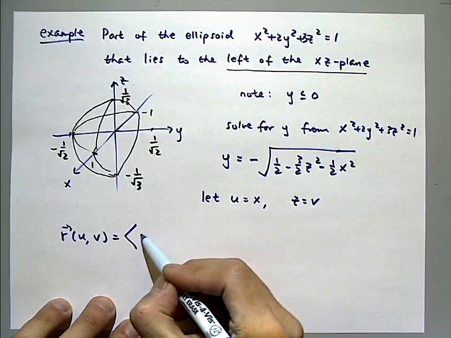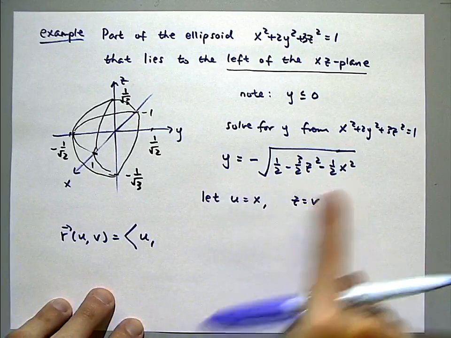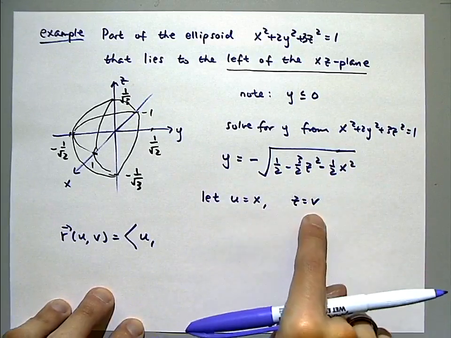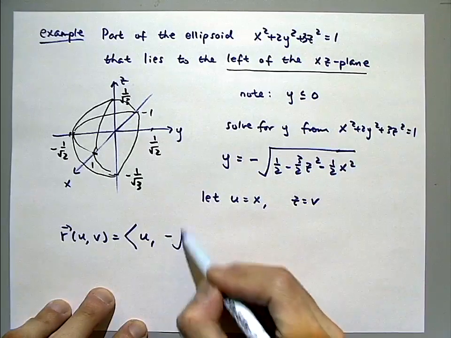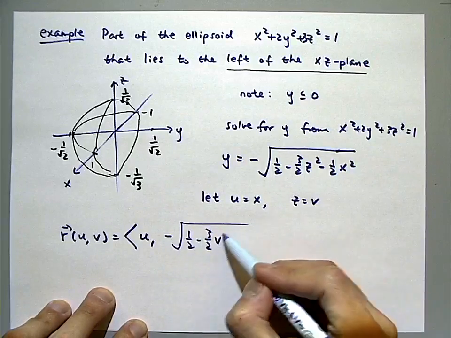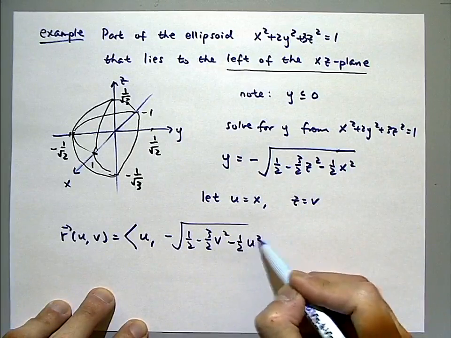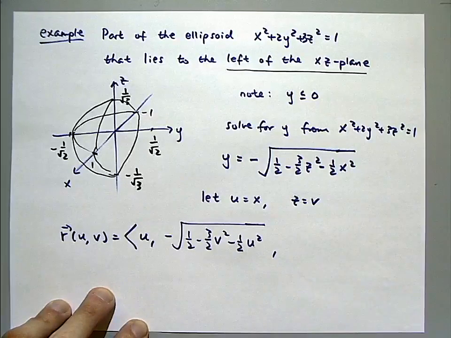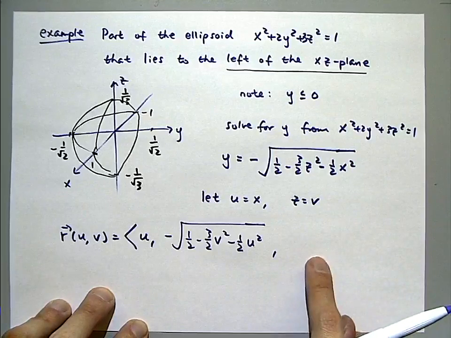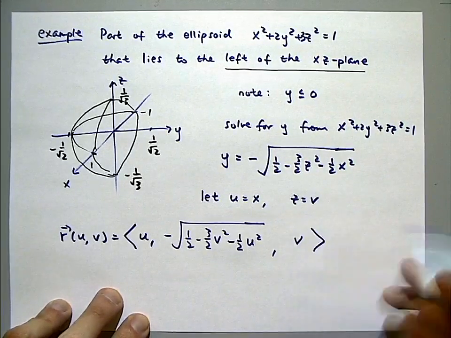The y component is this thing, with x being u, z being v: negative radical 1/2 minus 3 over 2 v squared minus 1/2 u squared. And then the z component is z, but z is v. So there's our parameterization.